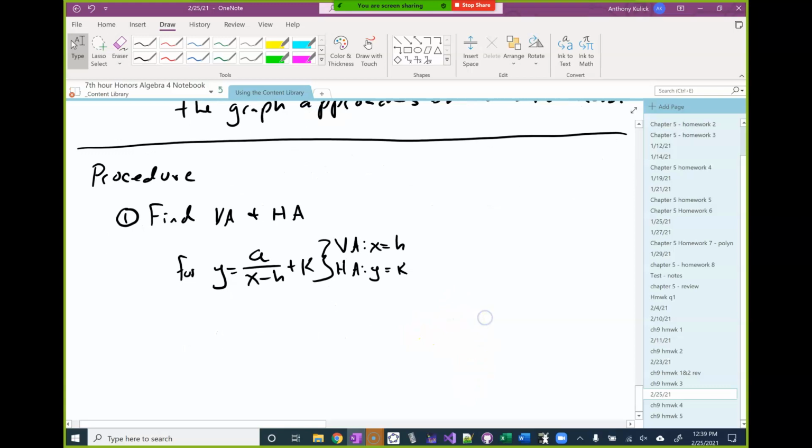Pretty easy to deal with that. For the second form, the vertical asymptote is negative d over c, and the horizontal asymptote is a over c.